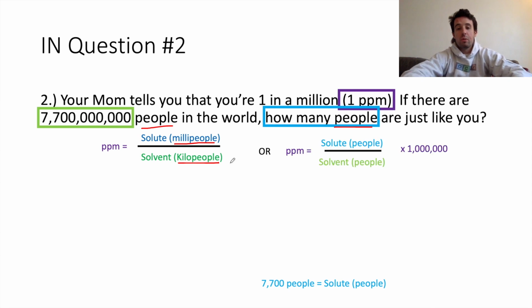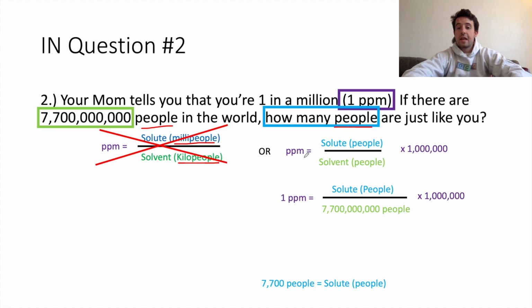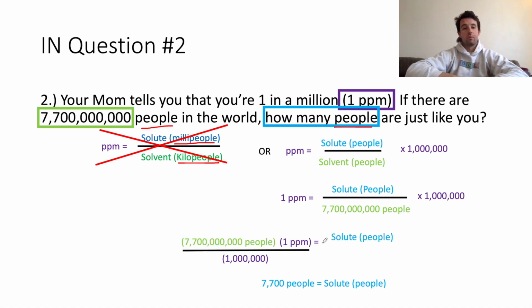So here, the better option is going to be to use this second equation, where you're going to have to multiply by 1 million. So once again, we're solving for solute. We've got a number for ppm and for solvent, so go ahead and plug those in. Same thing as before, we're going to divide and we're going to multiply the 7 billion number, divide the 1 million number, and then when we do that, we get our 7,700 people.